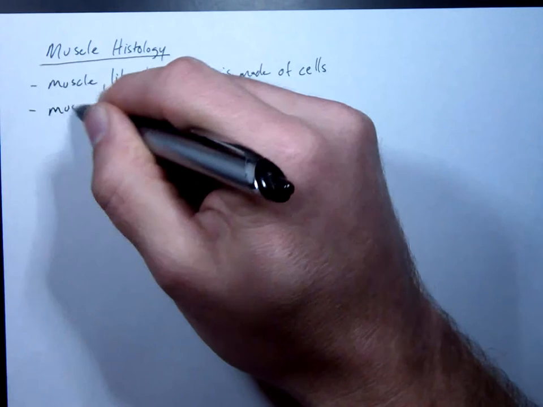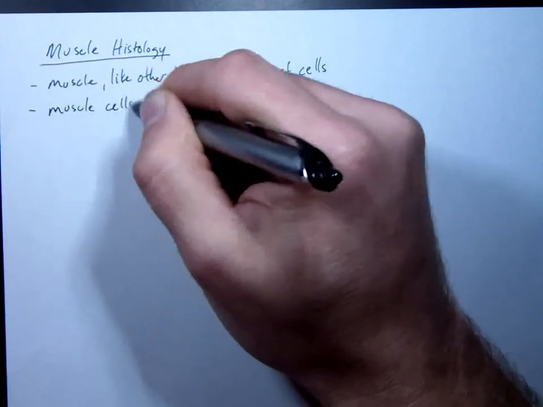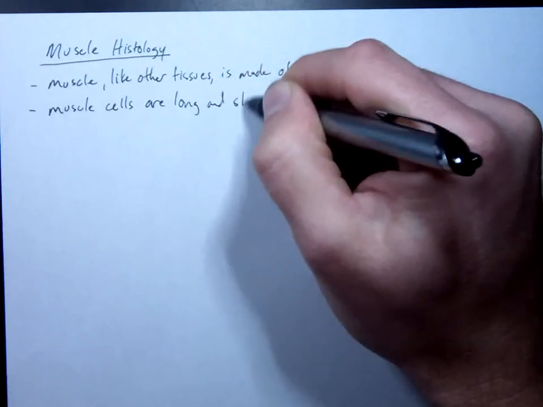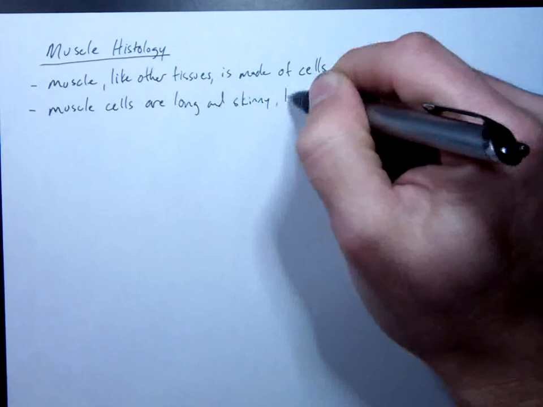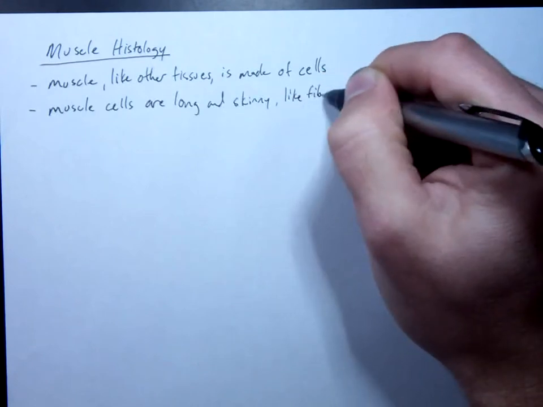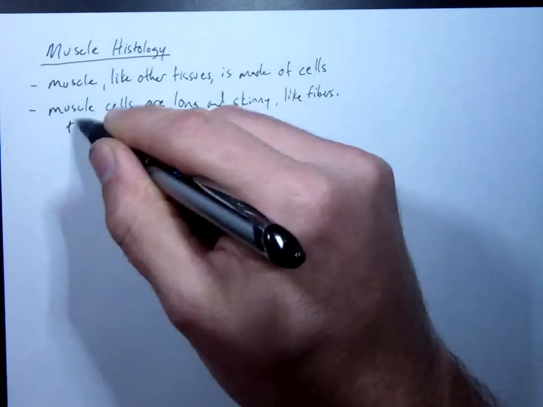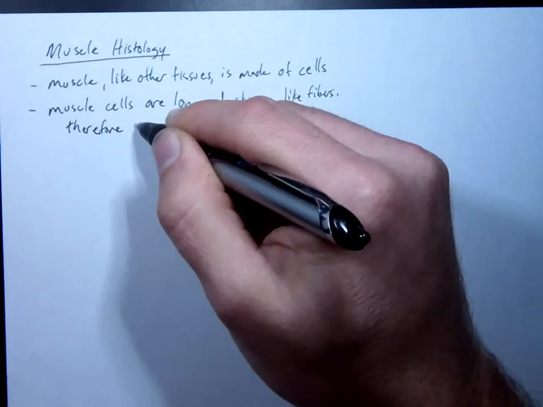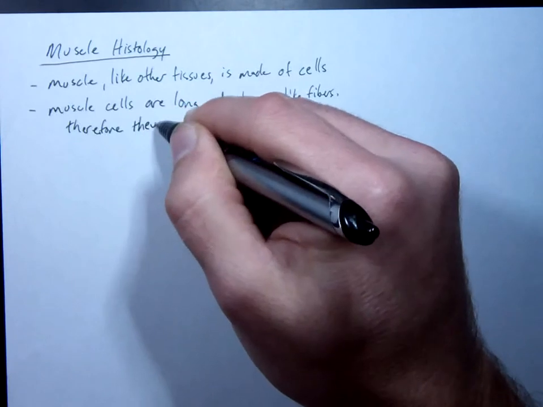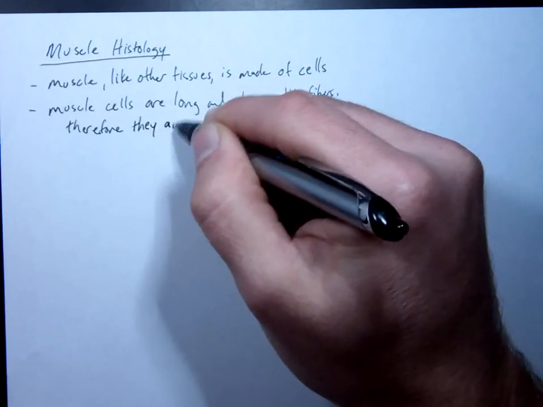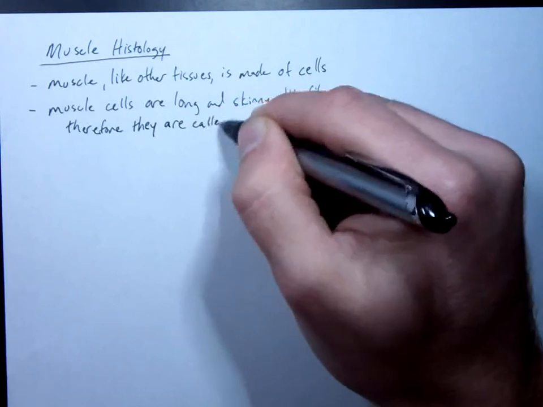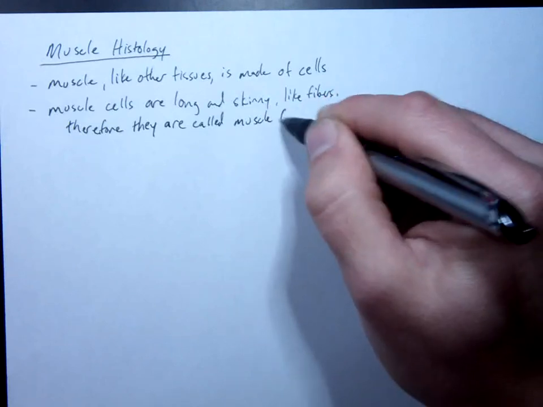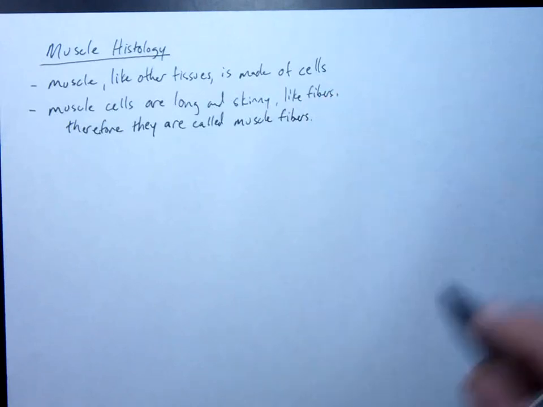Muscle cells are long and skinny, like fibers. Therefore, they are called muscle fibers. That makes sense, doesn't it?